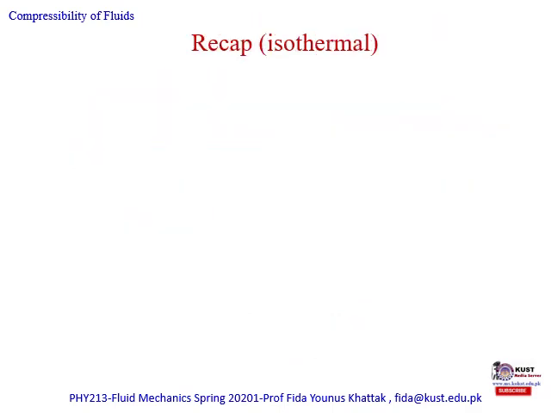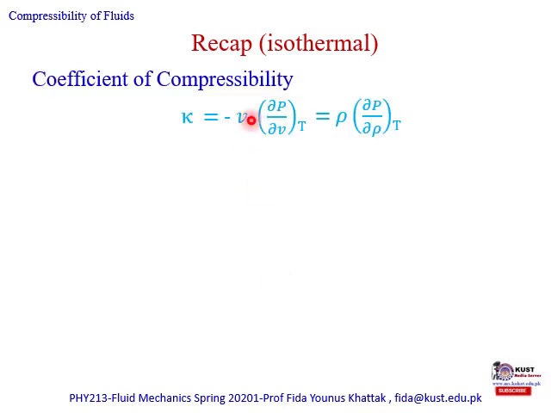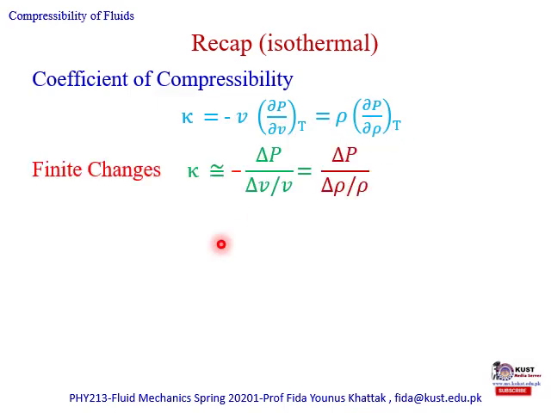Recap about the isothermal compressibility. We have the coefficient of compressibility defined as kappa is equal to minus V del P over del V at constant T, and that could be written as rho del P over del rho at constant T. For finite change, kappa is approximately equal to minus delta P over delta V over V, and that could be written as delta P over delta rho over rho.